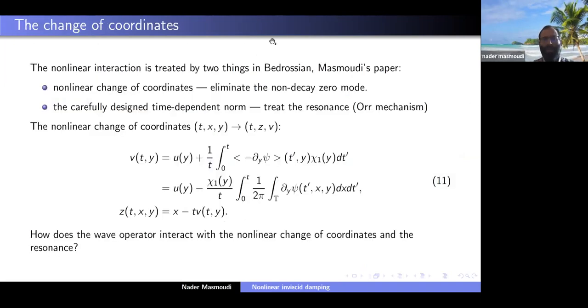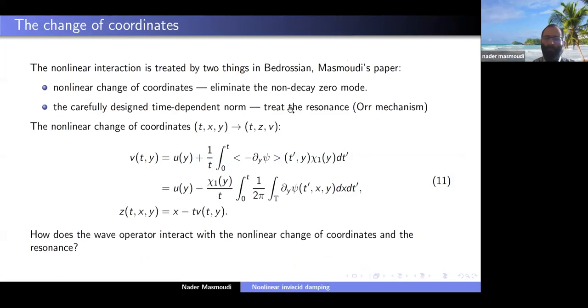Now, in my paper with Jacob, at the nonlinear level, I can put our result in two pieces. There is a nonlinear change of coordinate and then a careful analysis of so-called resonances.